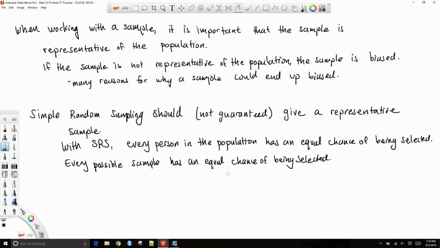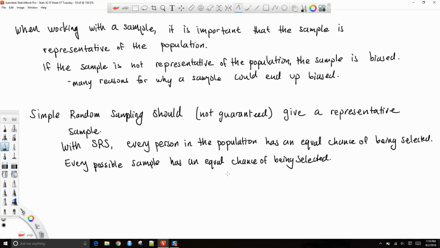It is technically possible for the numbers to end up being 1, 2, 3, 4, 5, 6. It's very unlikely, but it is possible. And so with simple random sampling, you should get a representative sample, but it is also technically possible to get samples that are not representative.